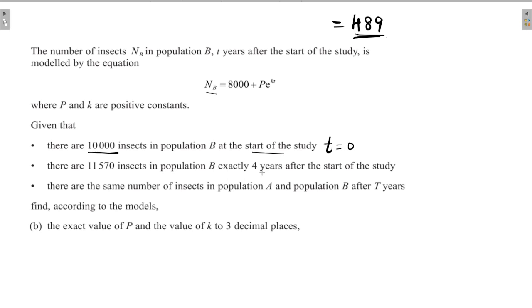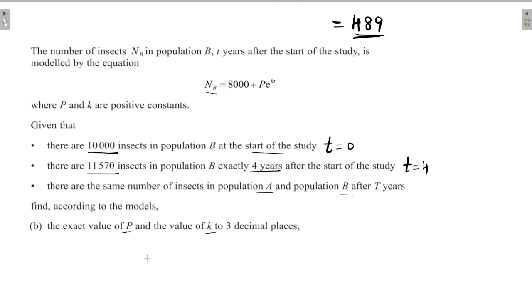When T equals 4 years, the population is 11,570. According to the model, find the exact value of P and the value of K to 3 decimal places.